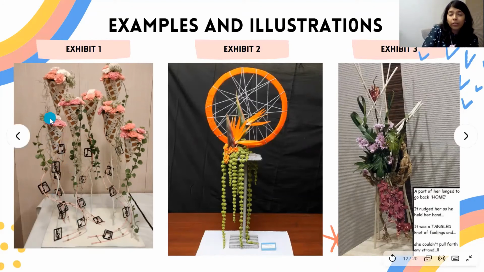Do you see the contrasting textures used? Yes, the waffle cones depicting the waffle cones. And definitely the creepers adding rhythm to the design, and there is negative space between the cones that enhances the form of the forms used in the design.